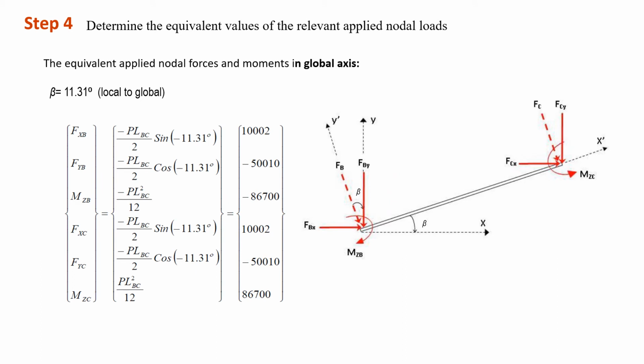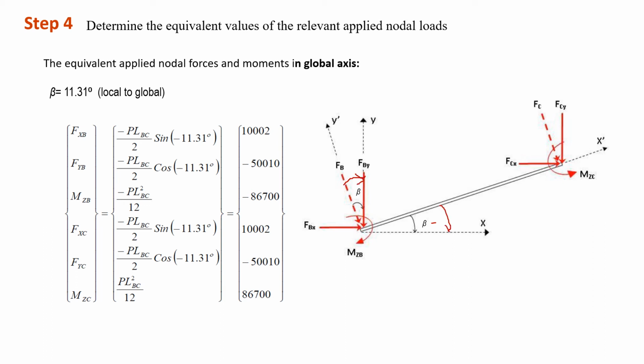In order to convert the local forces into global forces, first we need to determine the value of beta, which we already determined in the previous step in the table, remember. So beta is equal to 11.31. However, as we want to convert from local to global, it will move in the clockwise direction.